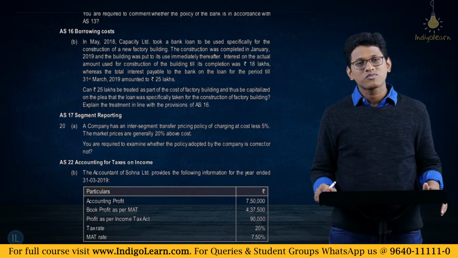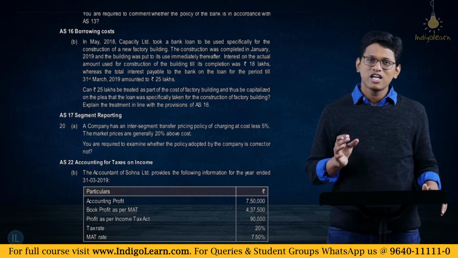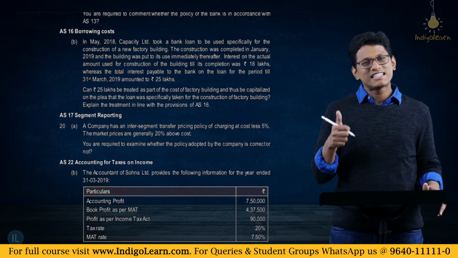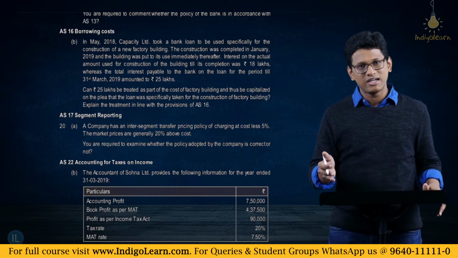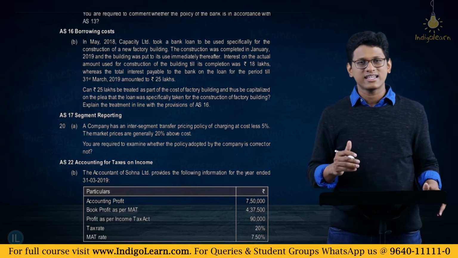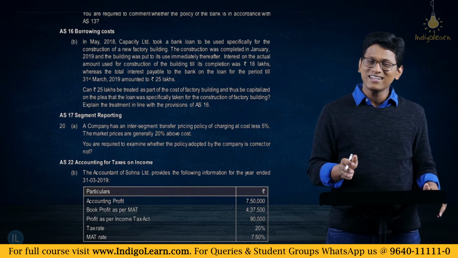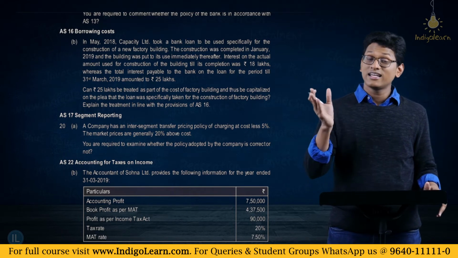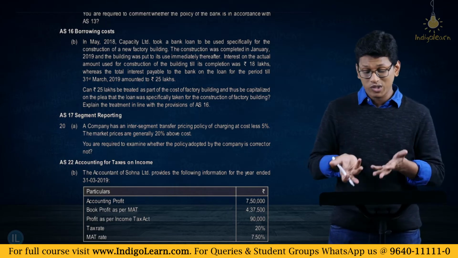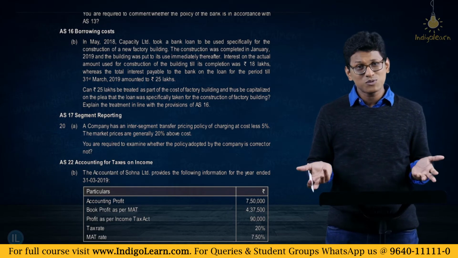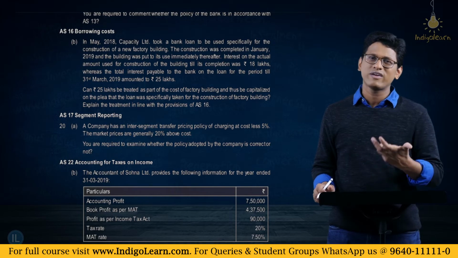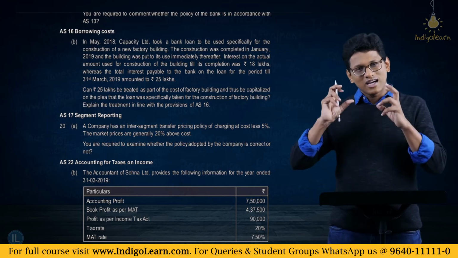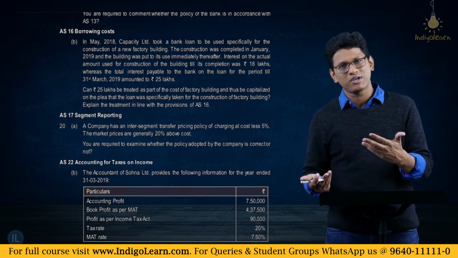Clear? Now, in this given case, first of all, is this asset called factory building a qualifying asset? To answer that, we should say that the question is silent about whether the company's policy allows this to be a qualifying asset or not, given the company's policy regarding substantial period.